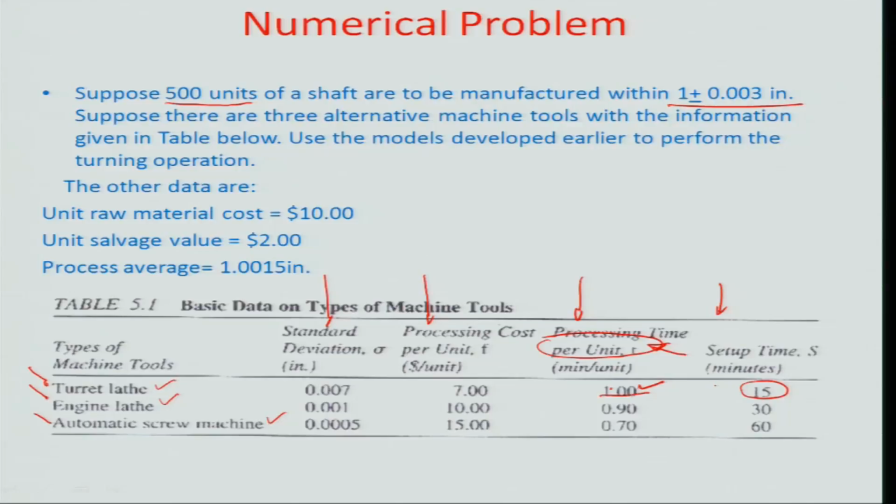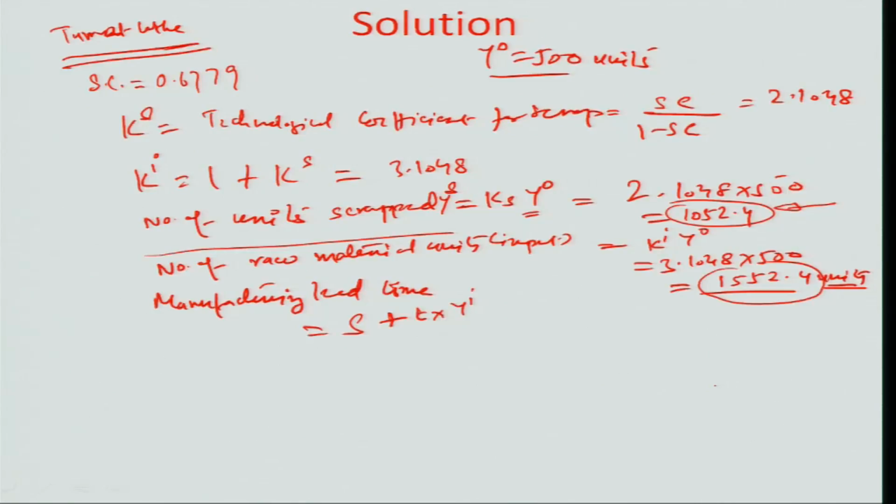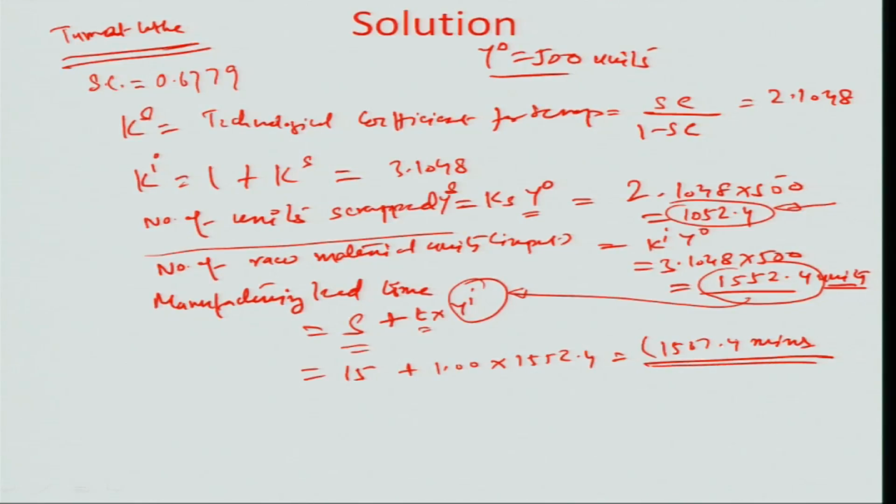So the total manufacturing lead time will be the setup time plus the input quantities, borrowed from the expression earlier, times the processing time needed per raw material input to the manufacturing system. In this case of the turret lathe, this comes out to be 15 plus 1.00 times 1552.4 units, that is about 1567.4 minutes.